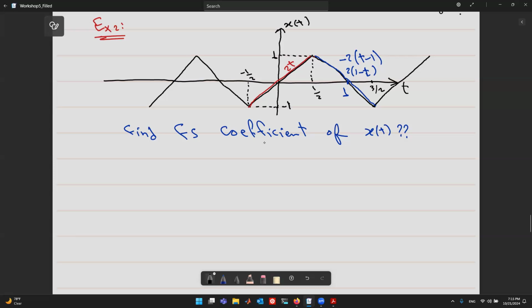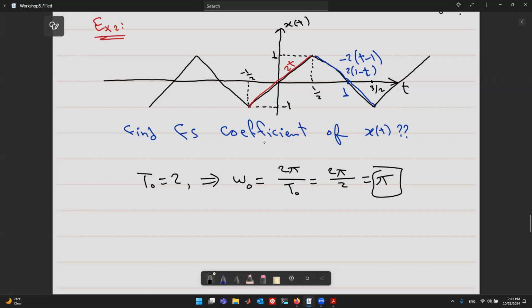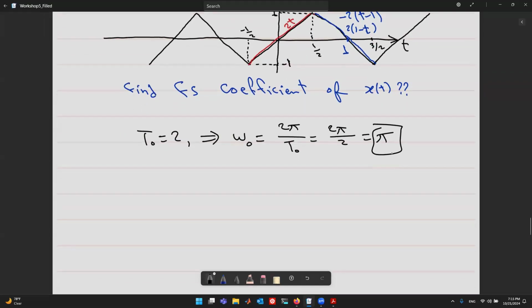So the period T naught is 2, then the frequency omega naught is 2 pi divided by T naught, which is 2 pi divided by 2, which is pi. Do you feel happy when you see omega naught equals pi, as I do?